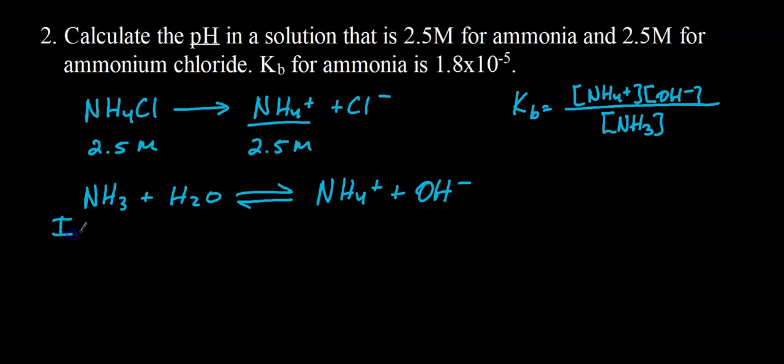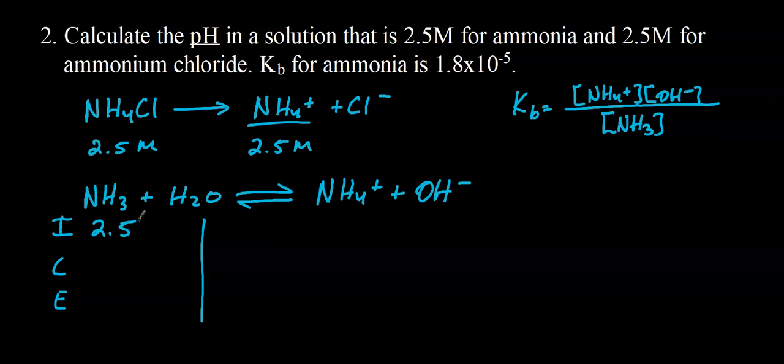So let's, like before, set up our ice table. We've got 2.5 molar for ammonia, and the big difference here in our setup, very, very important. We talked about this with solubility last unit's common ion effect. So this is very similar to the common ion effect. We have a solution of ammonia that is present with one of its ions.